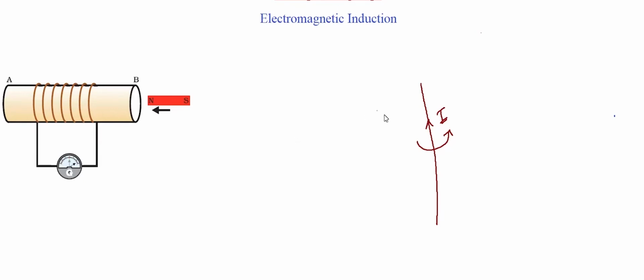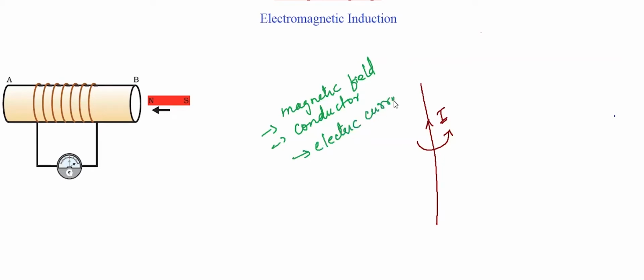So what if the reverse is possible? If you have a magnetic field and a conductor, is it possible to create an electric current? So electric current should be the output, and we have a magnetic field and a conductor.